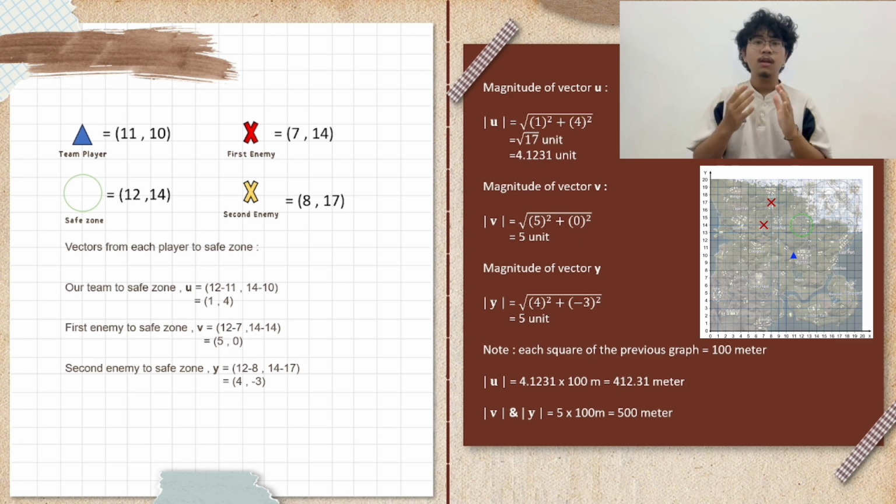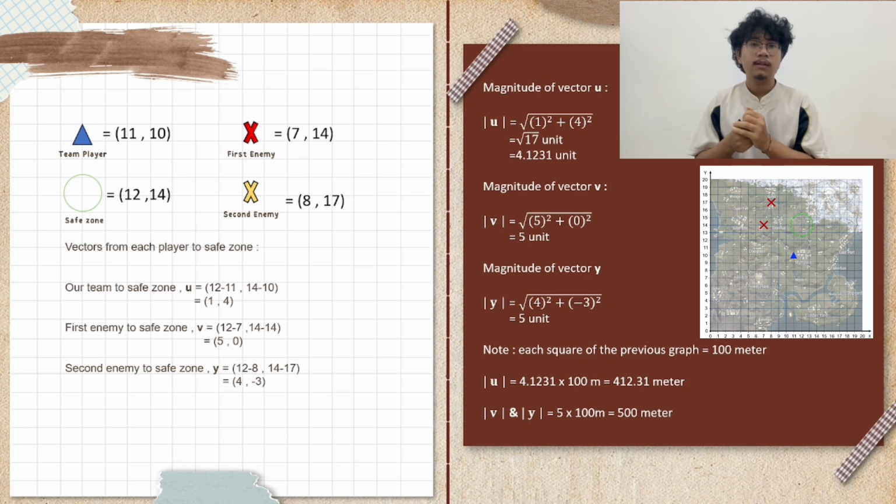For the next step, there is one important piece of information: each square of the graph represents 100 meters. So for the magnitude of u that we obtained in our previous calculation, 4.1231 units, we multiply it by 100 meters.